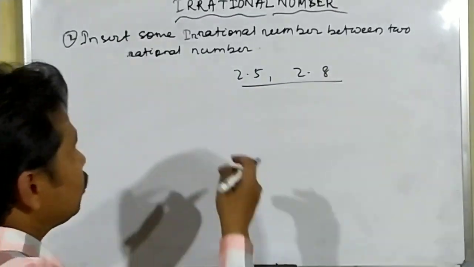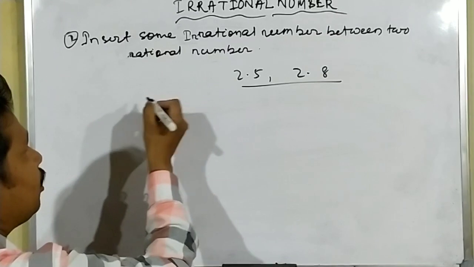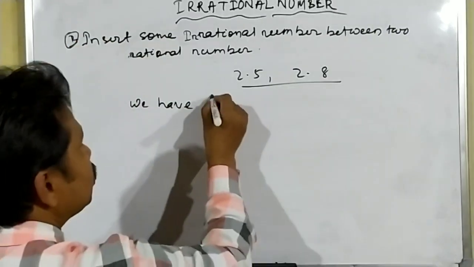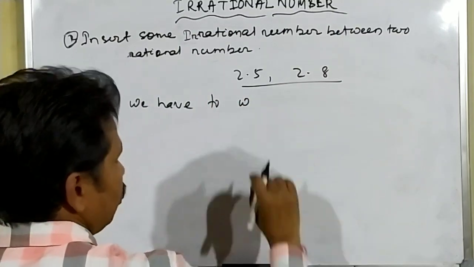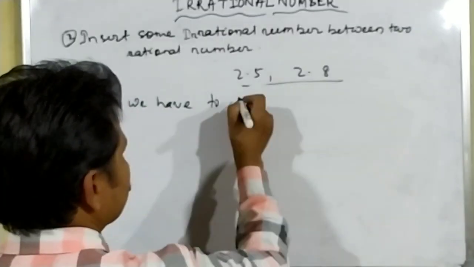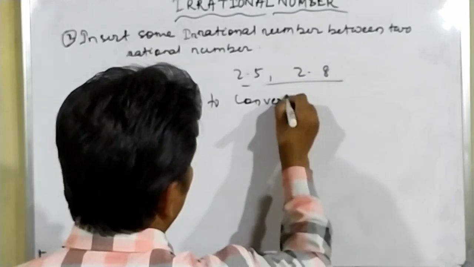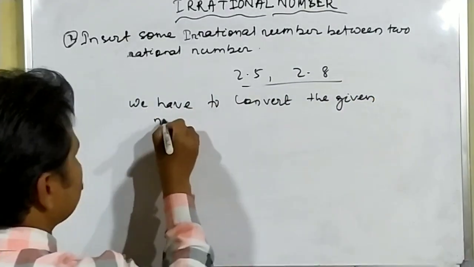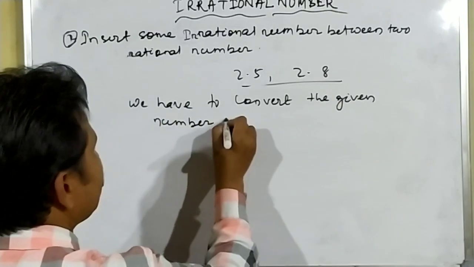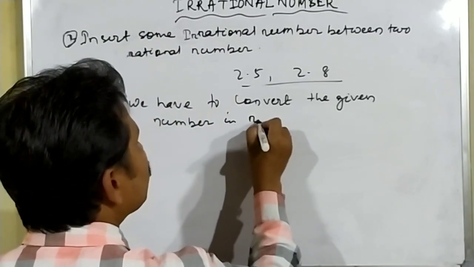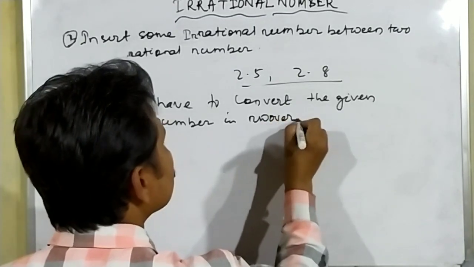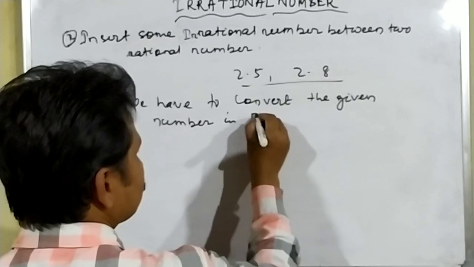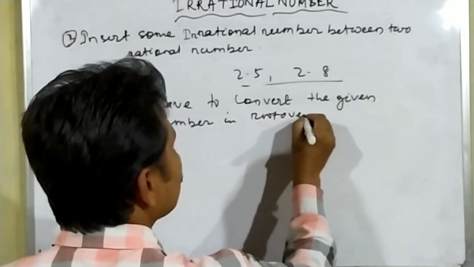So what is the process? First of all, we have to convert the given numbers in root over form.